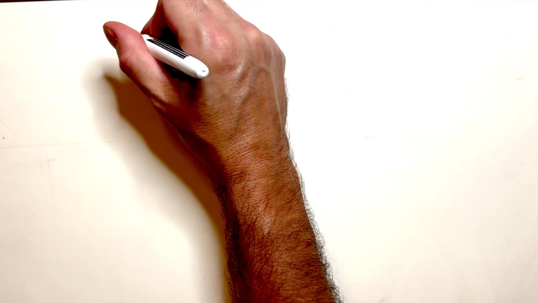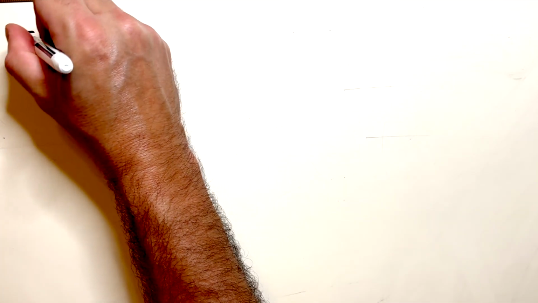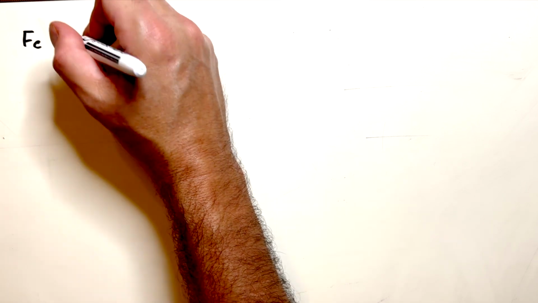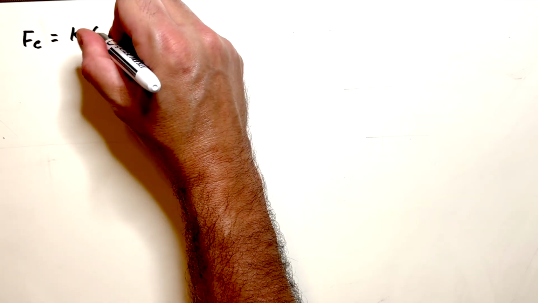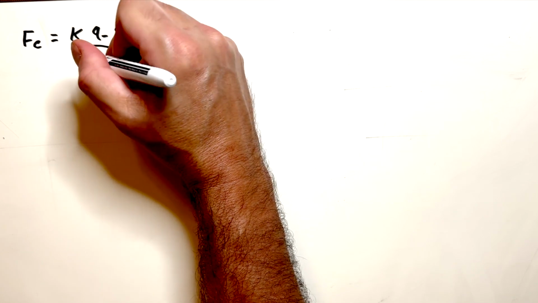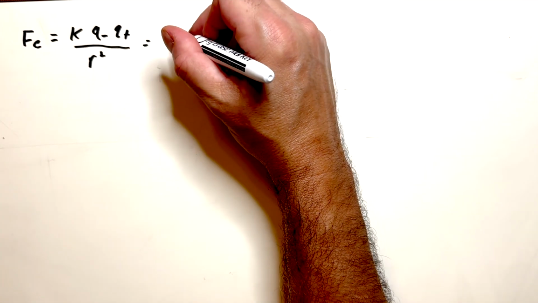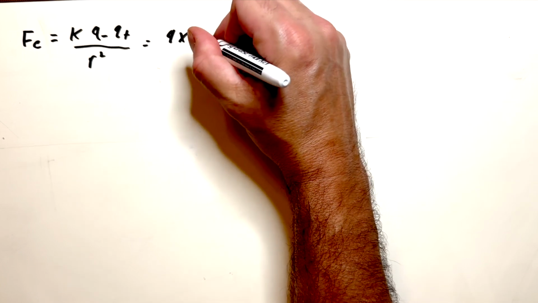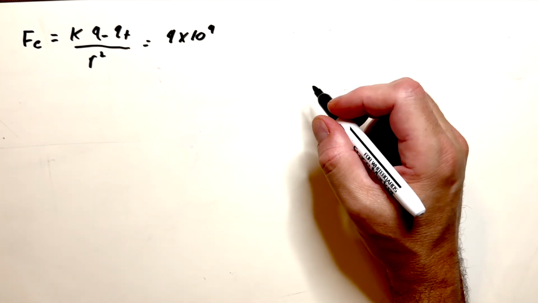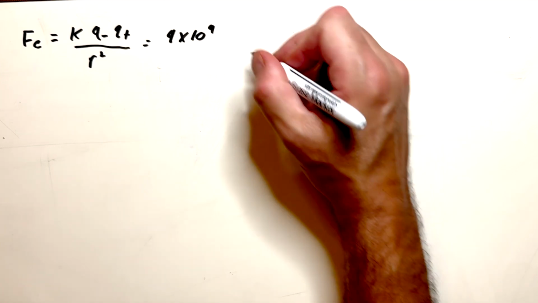So, where do we begin? Let's start with the electrostatic force. I'm not going to worry about directions here. We'll just calculate magnitudes. It's going to be K times Q minus times Q plus, divided by R squared. K is Coulomb's constant, 9 times 10 to the 9. We won't worry about the units; they're newton meters squared per coulomb squared.